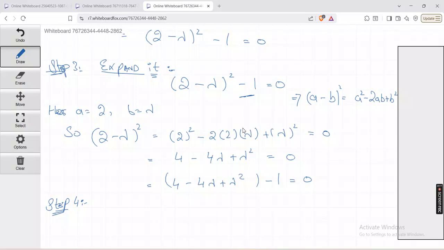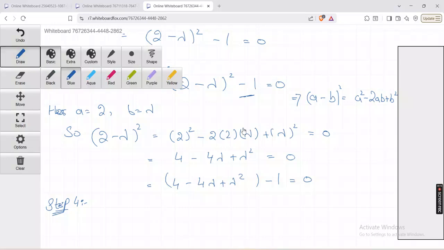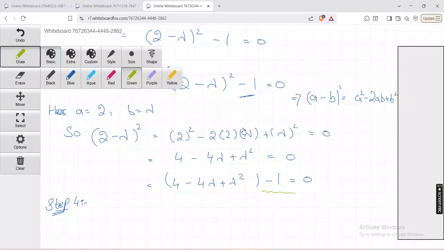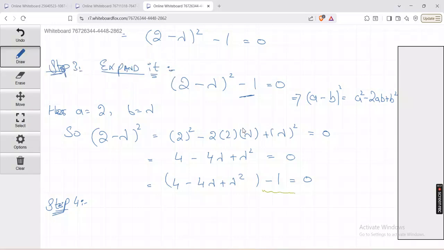So we have minus 1 outside of the bracket. How will we simplify it? We can say that we combine the minus 1 with the constant inside the bracket.